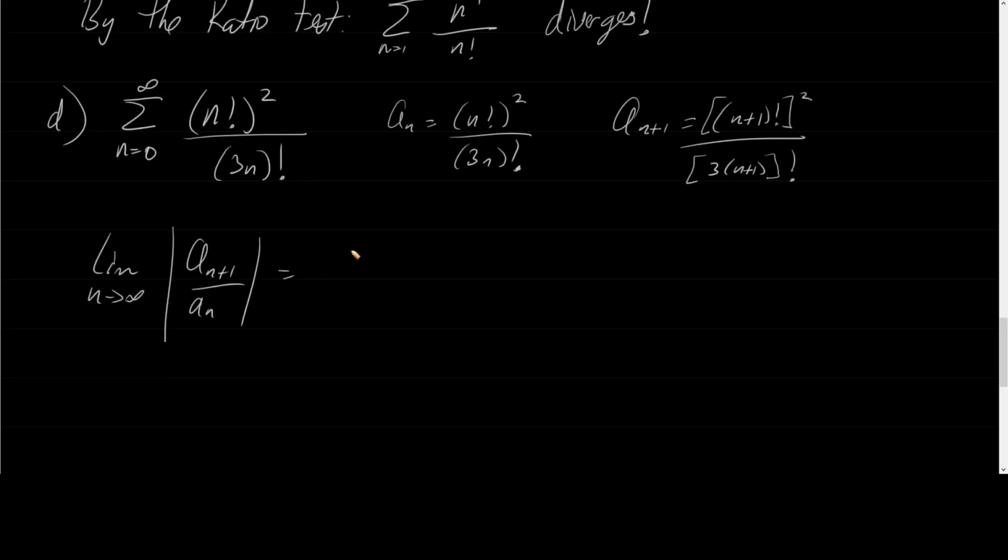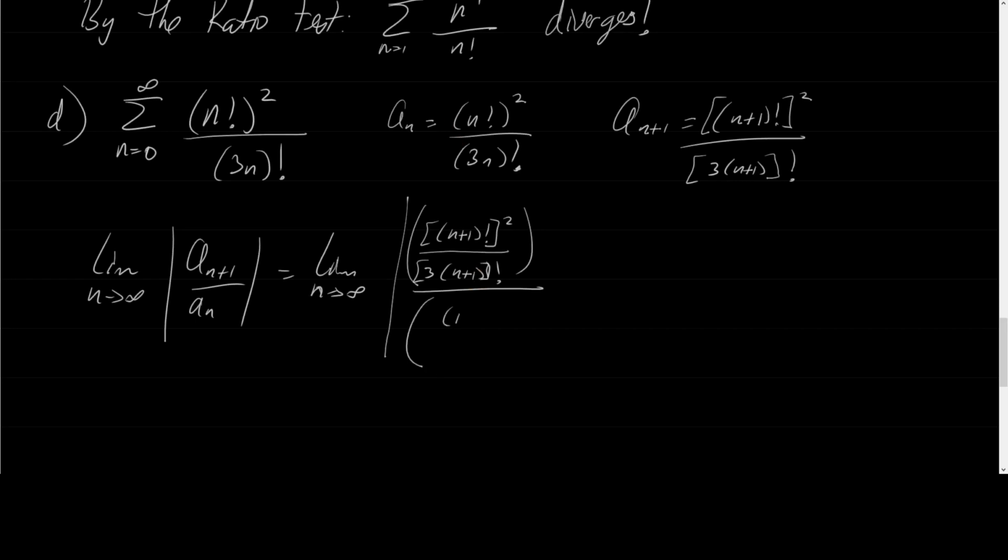And here we end up with the limit as n goes to infinity of this piece. So we have the absolute value of n plus 1 factorial squared over 3 times n plus 1 factorial, all of that over a sub n, n factorial squared over 3n factorial.